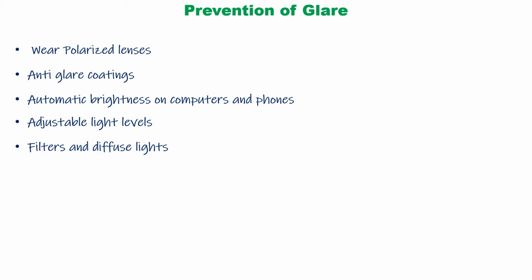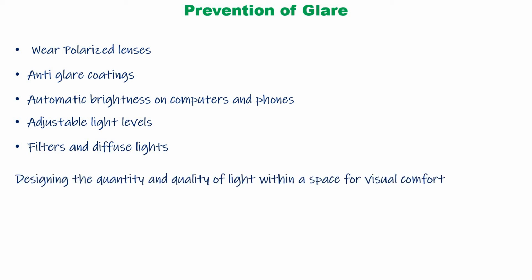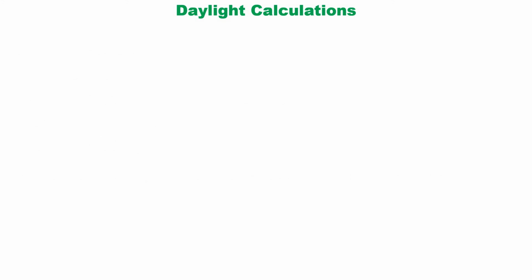So in order to have a comfortable vision inside a structure, before erecting a structure, it is very important to quantify as well as qualify the kind of light which will be present inside the structure. So to have a comfortable vision, it is important to have daylight calculations done.